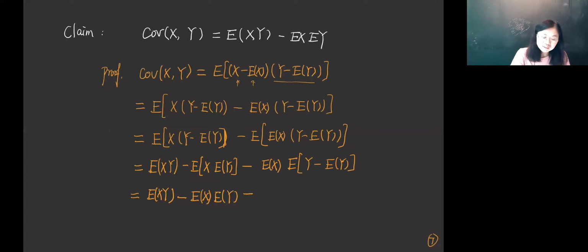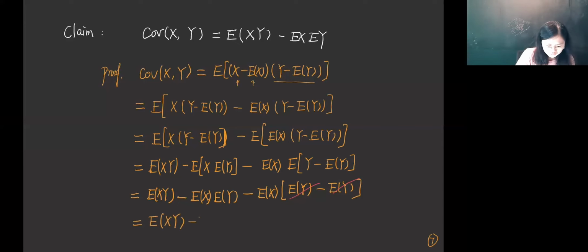And for the rest, notice that E[X] can stay where it is. This term is E[Y] minus the expectation of E[Y], which is E[Y] itself because it is a constant already. Notice that it's E[Y] minus E[Y], and that is 0. Therefore, the final result is E[XY] minus E[X] times E[Y]. And that is the claim we started with.